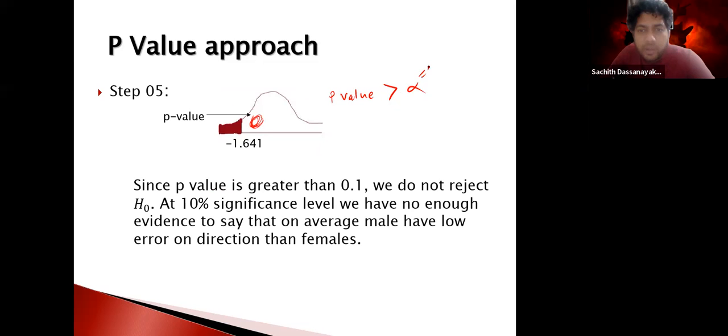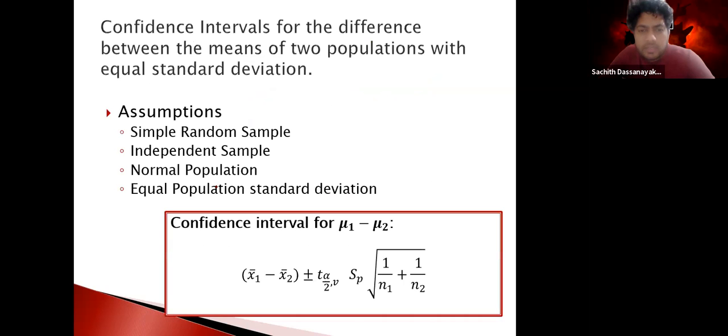So somewhere here. See, the p-value is greater than your alpha, meaning it is greater than 0.1. So we do not reject, because the p-value is not in the rejection region. So simply we do not reject. Clear? Any questions based on this?